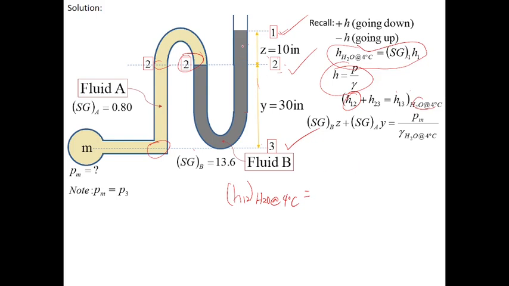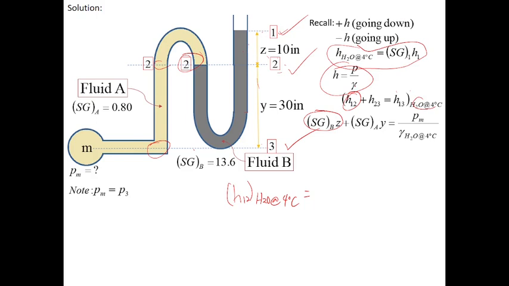From 1 to 2, the substance is fluid B. So that's why we have SGB times Z. Because from 1 to 2 the fluid is fluid B, which is mercury.